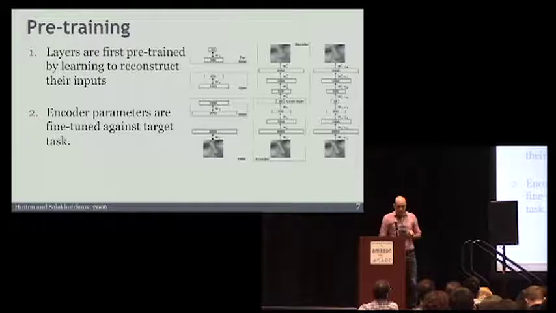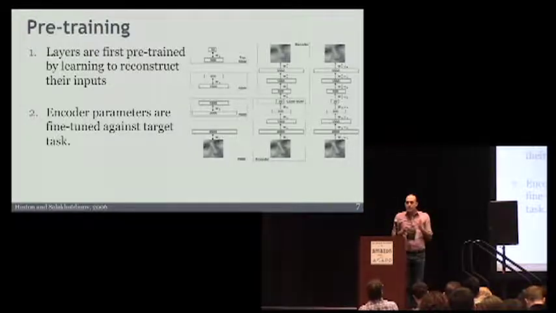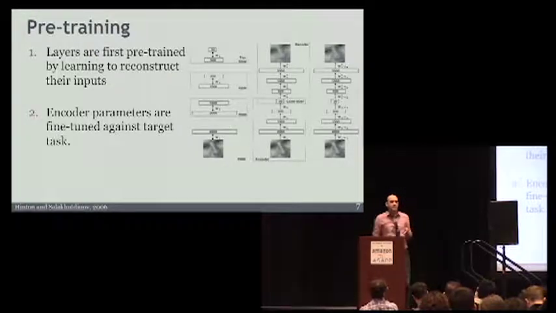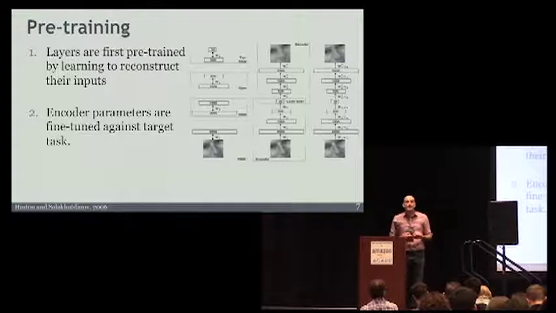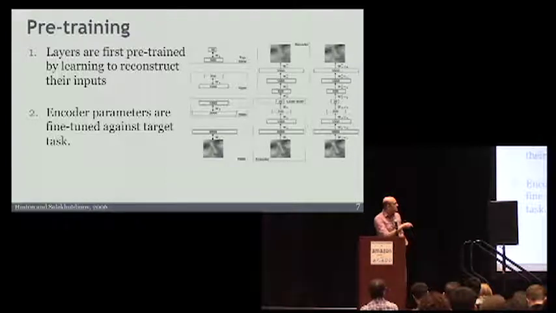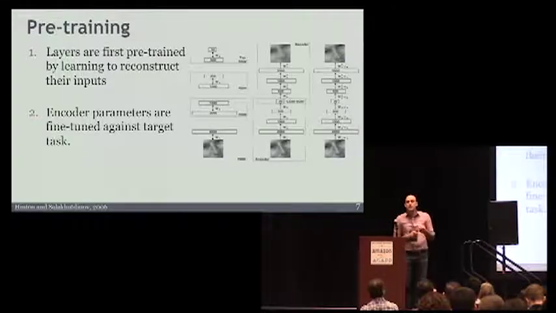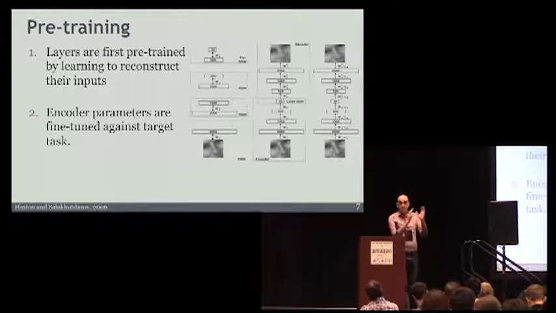In terms of pre-training, as you know, pre-training is a very effective way to initialize the weights of neural models. We often have an encoder and a decoder, and the network learns by trying to reconstruct its input, right? Once we train such a network, the encoder part can be used to fine-tune the network with respect to the target task of interest, using the small amount of labeled data that we have.